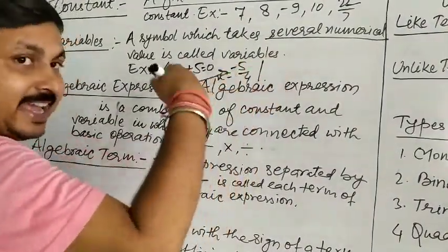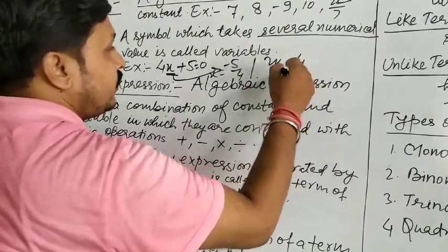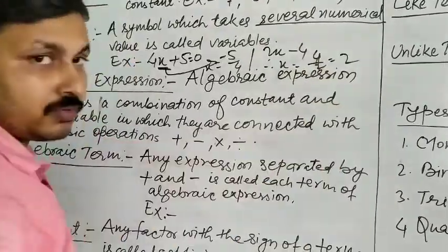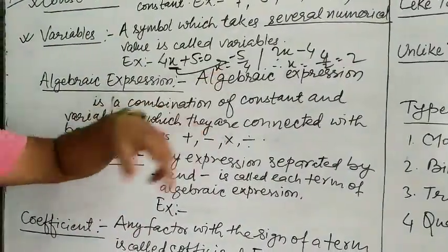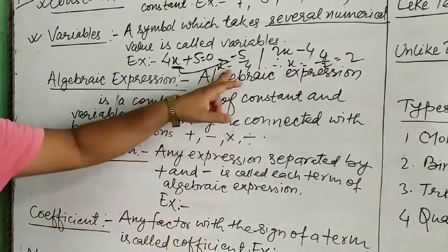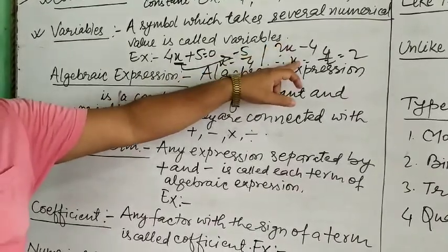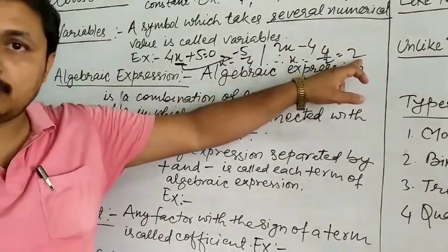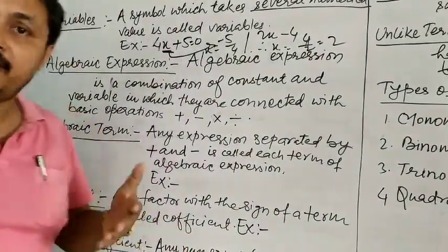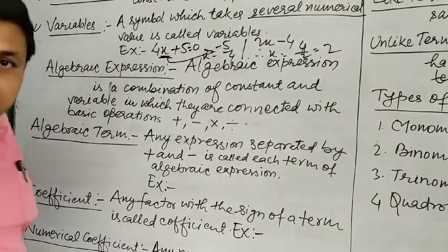But in the next equation, 2x minus 4, x is equal to 4 by 2, that means 2. So the value of x can vary in any algebraic expression. Here the variables can be changed everywhere. So this is called the variable. These x, y, z are known as the variables.